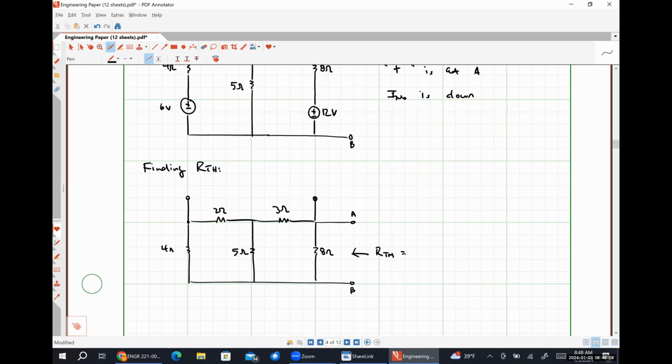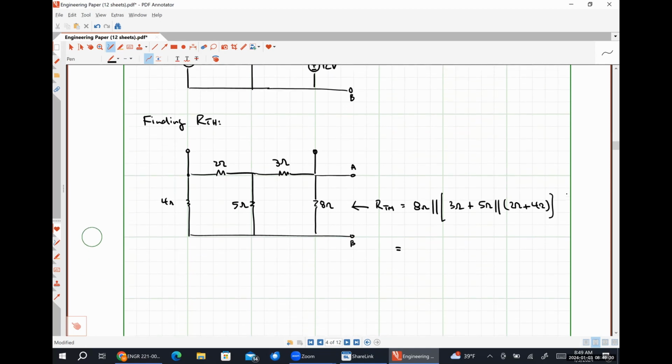So the 4 and the 2 are in series. I agree with that. That combination is in parallel with the 5, which is in series with the 3, which is in parallel with the 8, right? So it's going to look like 8 ohms in parallel with 3 ohms in series with 5 ohms in parallel with 2 ohms in series with 4 ohms.